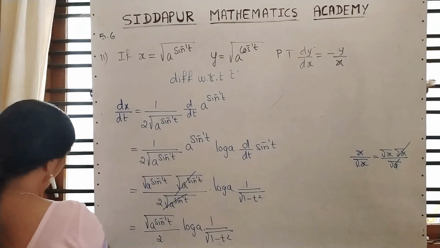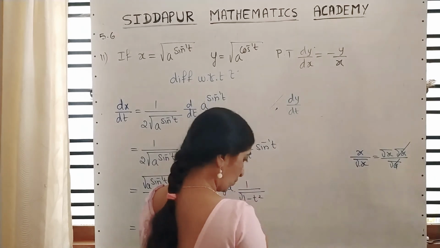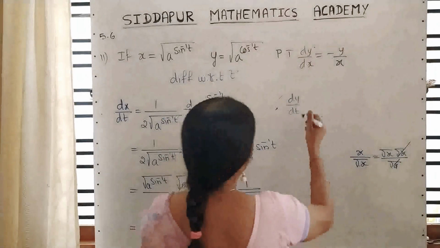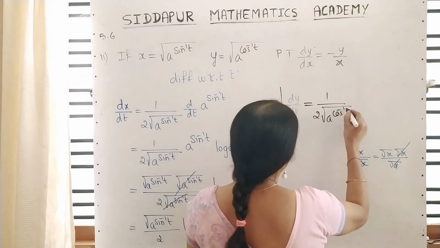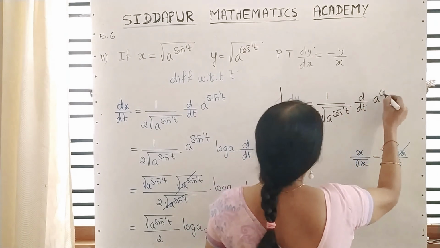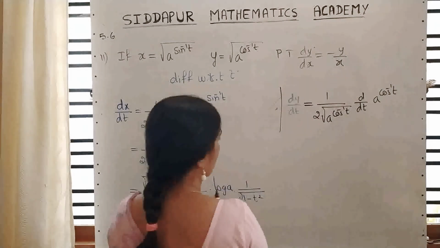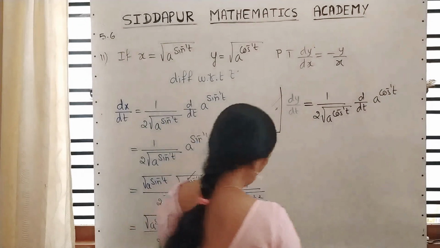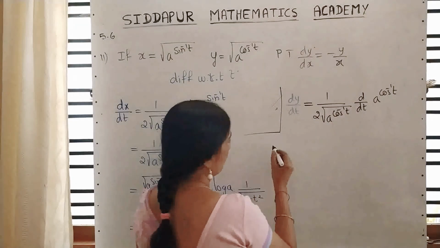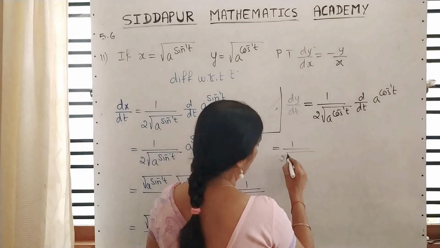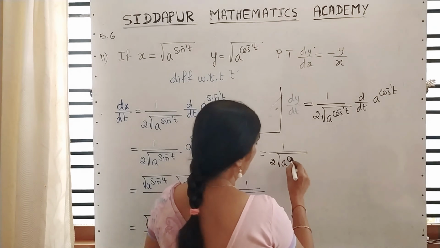Moving to the next differentiation, that is y. Next, dy/dt is equal to differentiation of this: 1 upon 2 root a raised to cos inverse t into differentiation of a raised to cos inverse t.